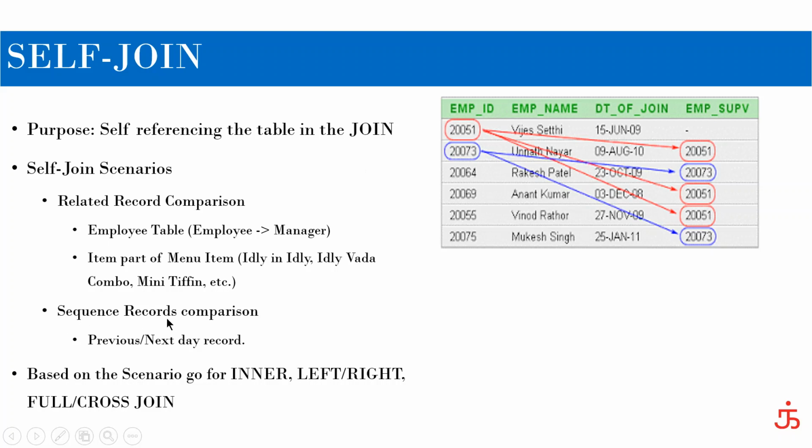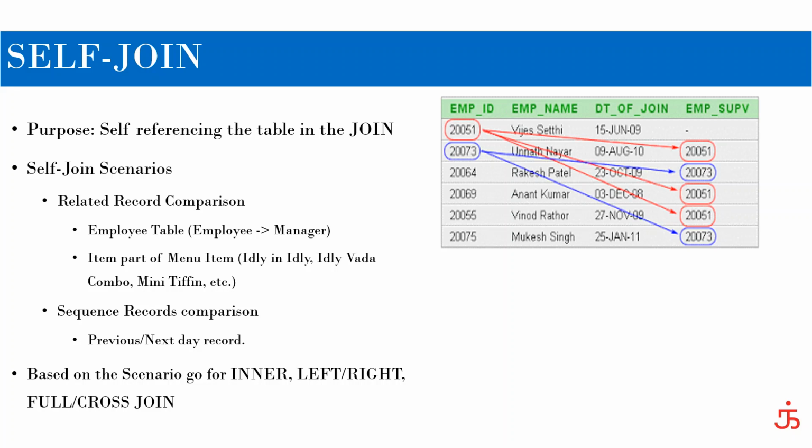The second scenario where we go for self join is sequence record comparison. For example, I want to compare previous year sales with current year sales, a year on year sales comparison. I want to see a day by day change, or month on month analysis. I want to compare two records based on some sequence, the previous year result versus the current year result.